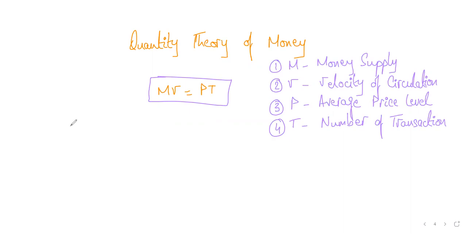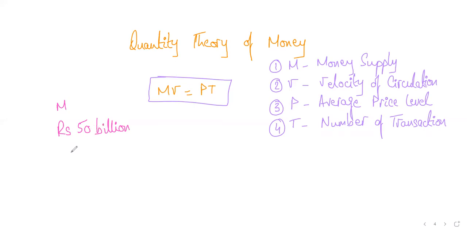Think about this. So on the left hand side, students, have a look at this. For the M value in Pakistan, as I was telling you, let's assume it is rupees 50 billion, right? So 50 billion worth of coins and notes are in circulation in Pakistan.